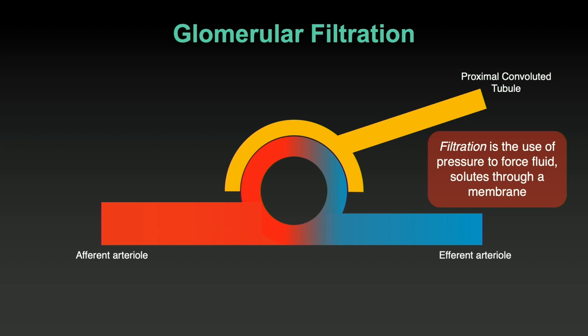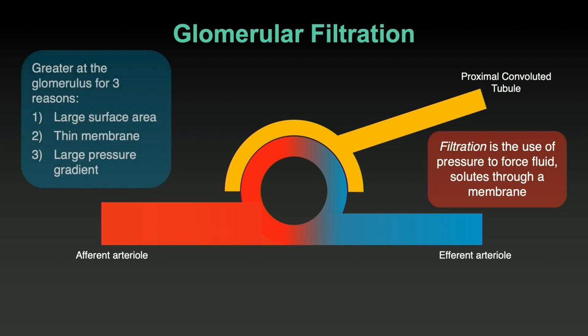Same principle. Instead of PO2, we're actually using barometric pressure in this case, but same principle. Total filtration or movement is greater here than at standard capillaries for three reasons.